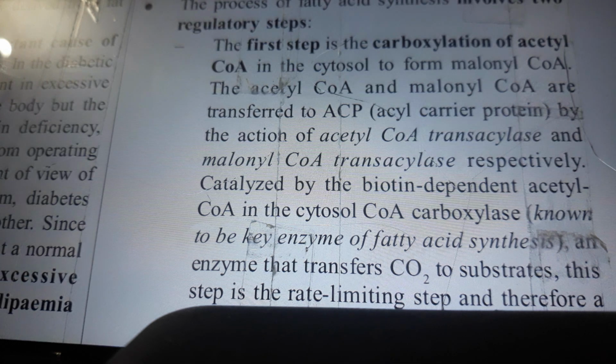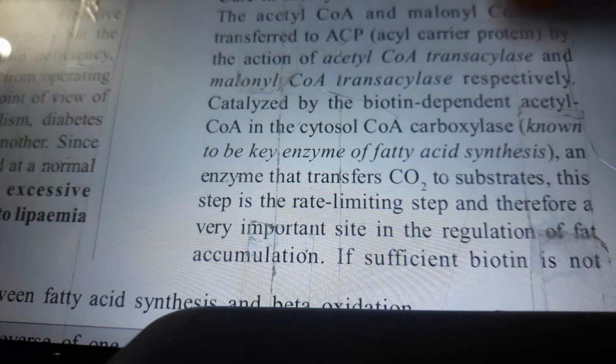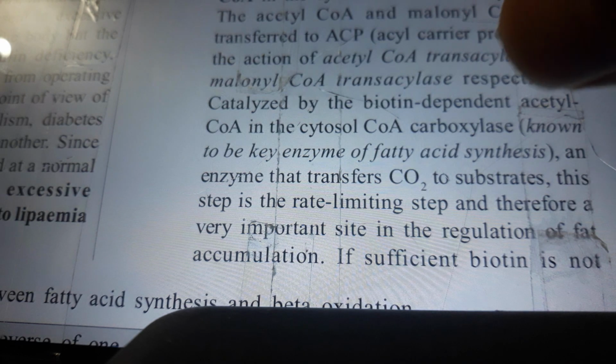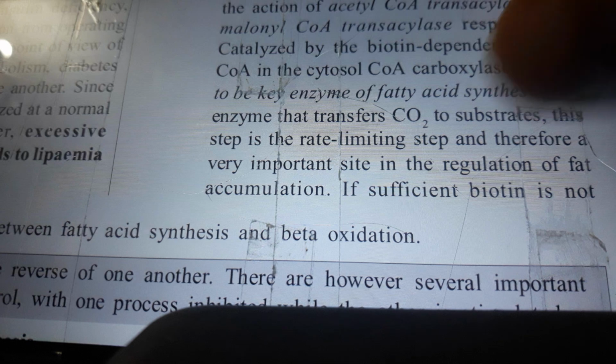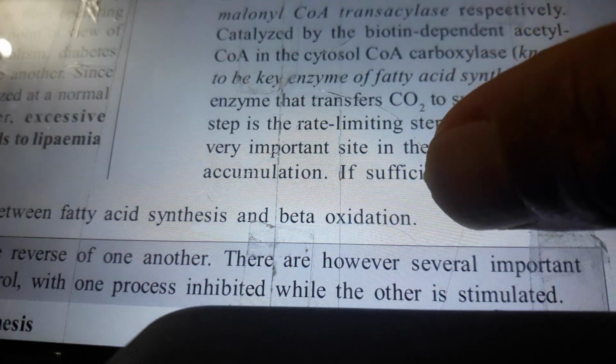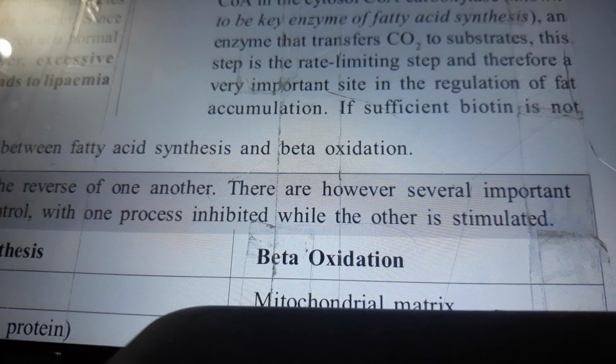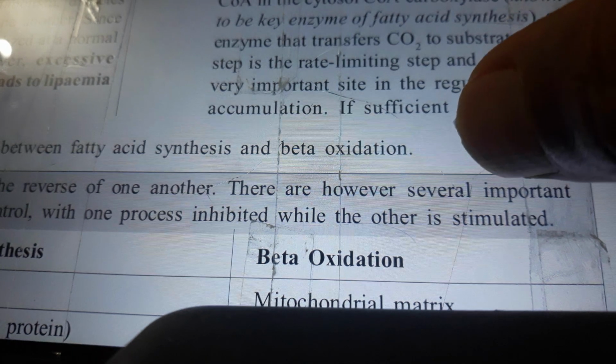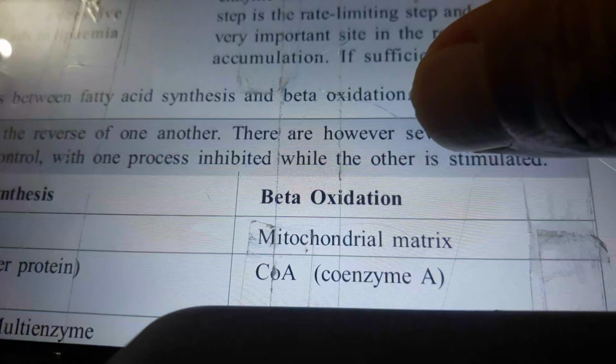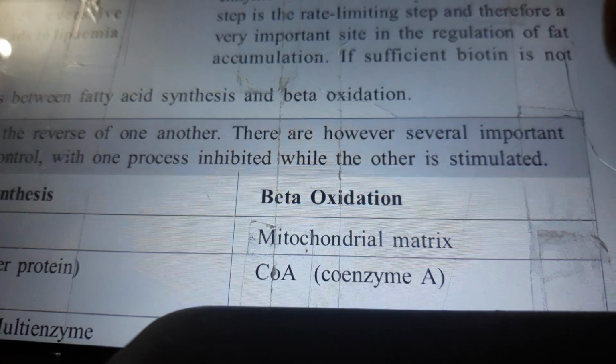The acetyl-CoA and malonyl-CoA are transferred to ACP, acyl carrier protein, by the action of acetyl-CoA transacylase and malonyl-CoA transacylase respectively, catalyzed by the biotin-dependent acetyl-CoA carboxylase, known to be the key enzyme of fatty acid synthesis, an enzyme that transfers CO2 to substrates. This step is a rate-limiting step and therefore a very important site in the regulation of fat accumulation.